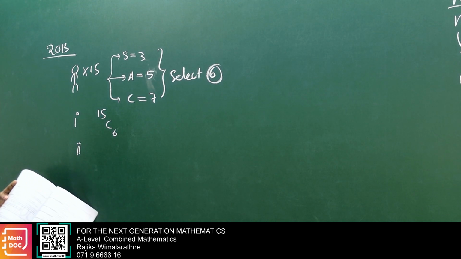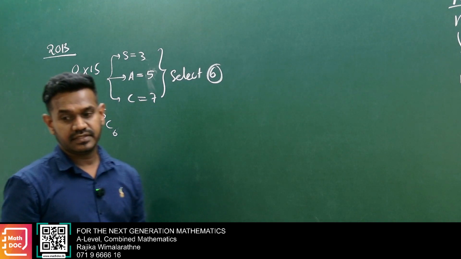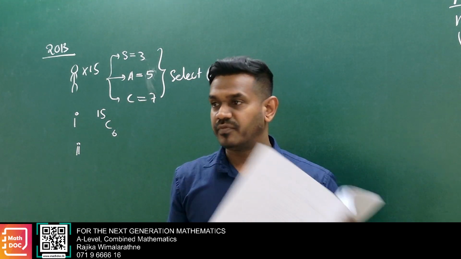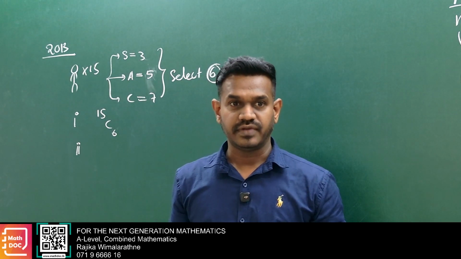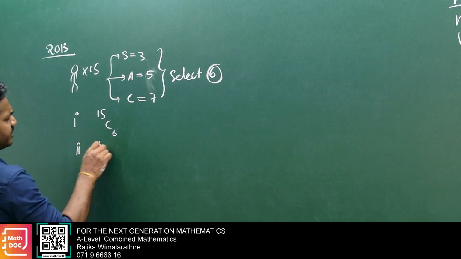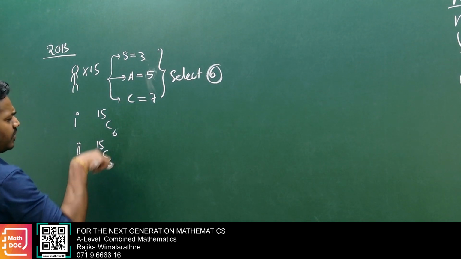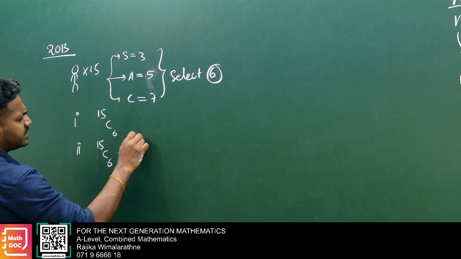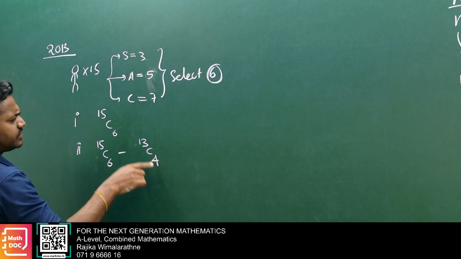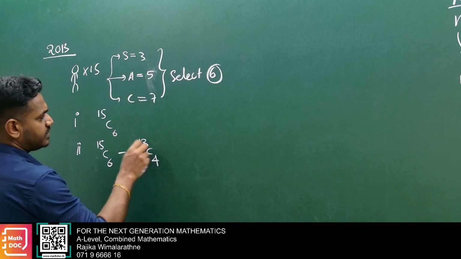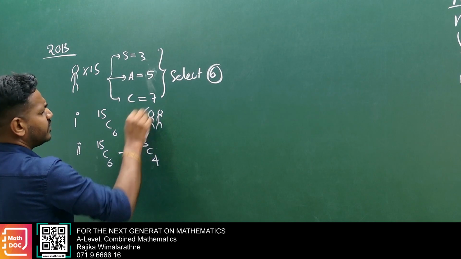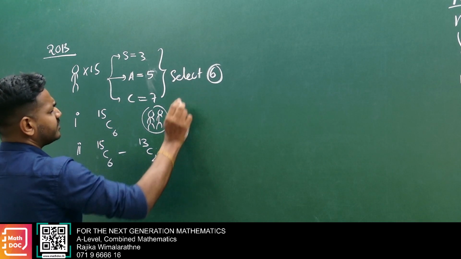Second one, 2 particular students are not permitted to work together. So 2 of them are not permitted to work together. Therefore, from all you have to remove the cases when they are working together. Then 15C6 for all. Then 13C4: you specially select those 2 and there are another 13.